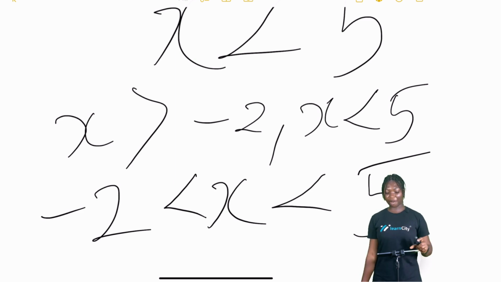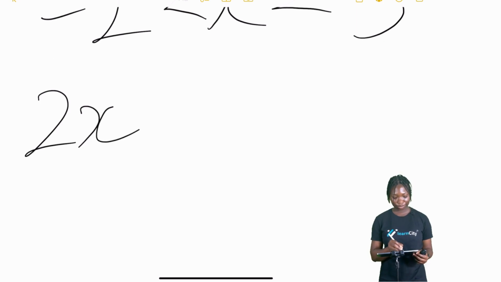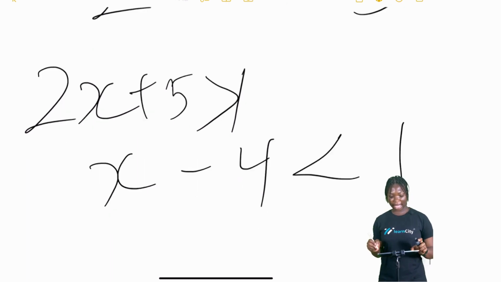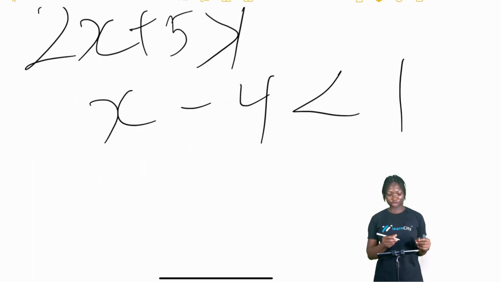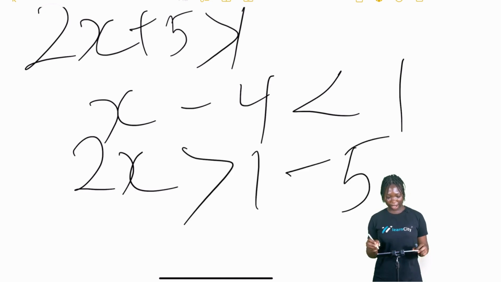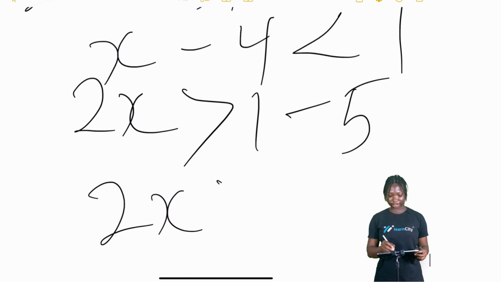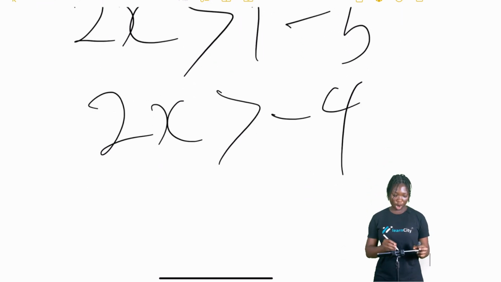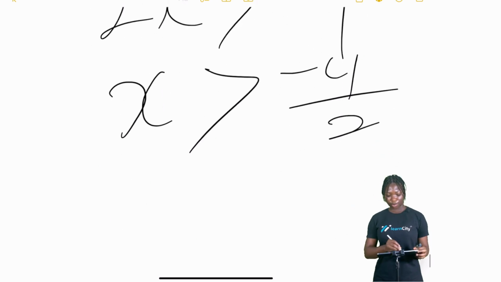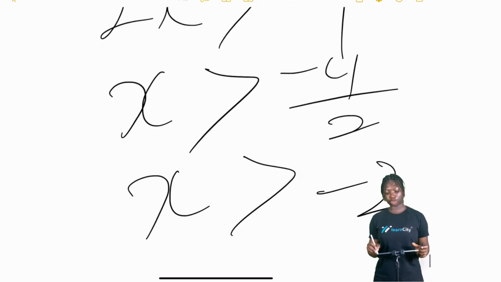Now we also have another example where we have 2x plus 5 greater than 1 and x minus 4 less than 1. We can write 2x greater than 1 minus 5. We have 2x greater than -4, so x greater than -4 over 2, which is -2.